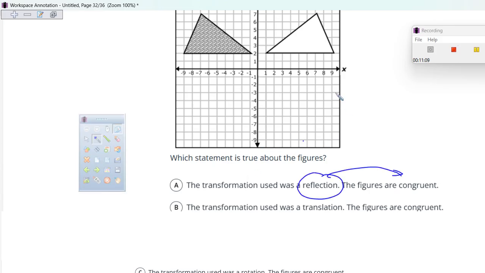Remember the words were going to be one of them: translation, rotation, reflection. All these three mean congruent. Okay, congruent. That's it.